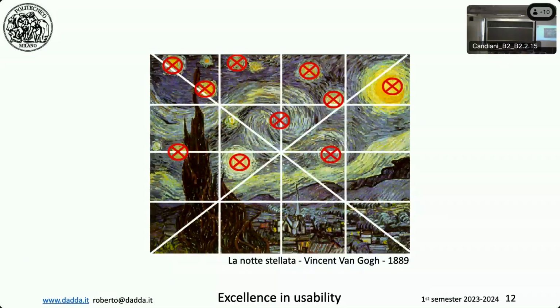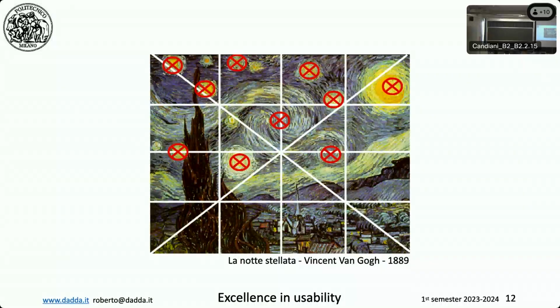this. This non-equilibrium, say not balanced things, has been used a lot by artists. In this beautiful painting, this is Vincent van Gogh, The Starry Night. As you see, the stars are strange because they are stars, but they are drawn as suns.